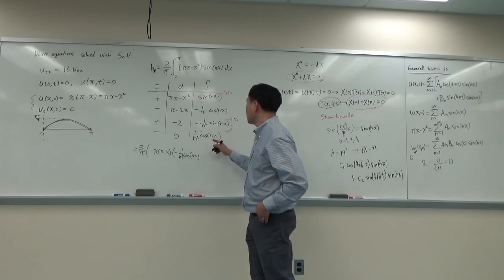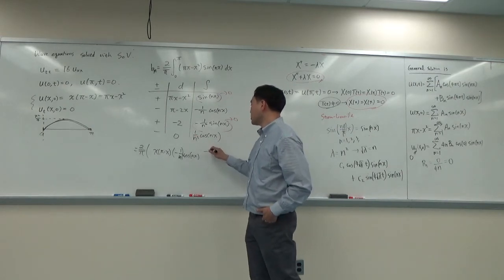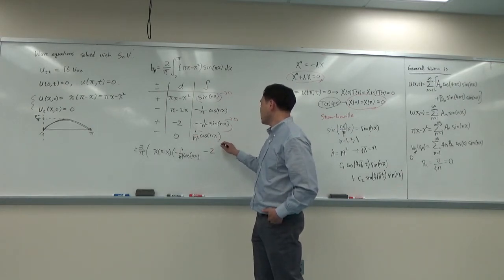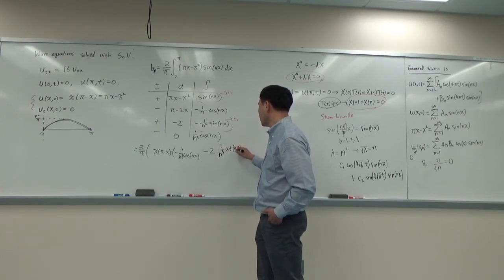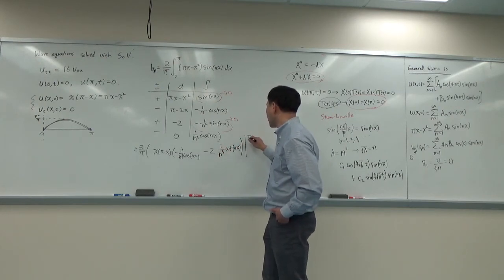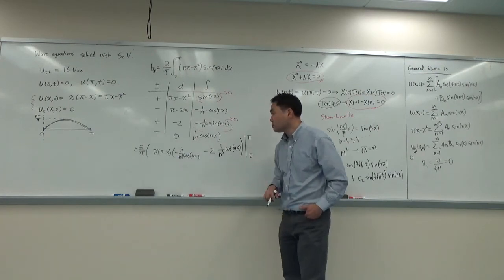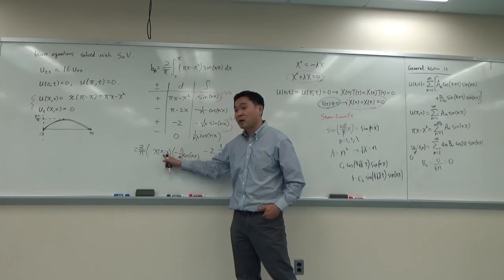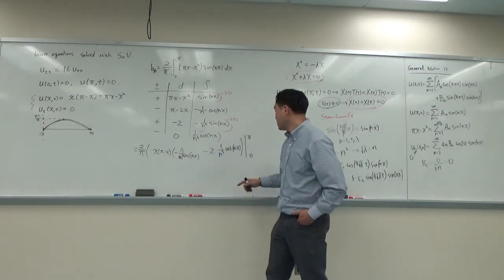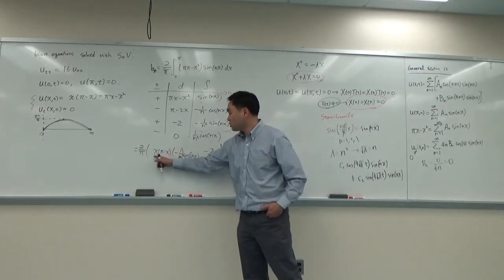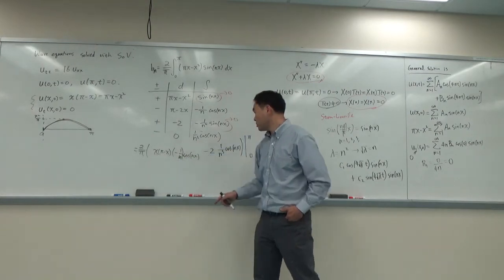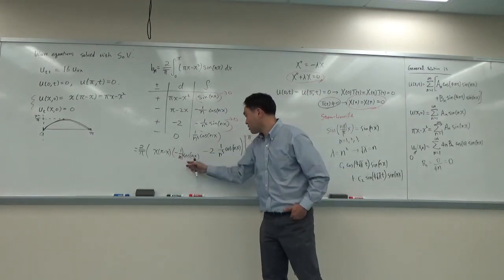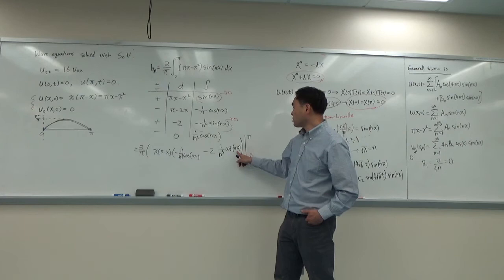And then this one, minus 2, 1 over n cubed cosine nx. And you have to plug in pi and 0. When you plug in pi here, it's going to give you 0 because of pi minus x. When you plug in 0 here, it will give you 0 because of x. So this one will create nothing here. So you just have to plug pi and 0 here.